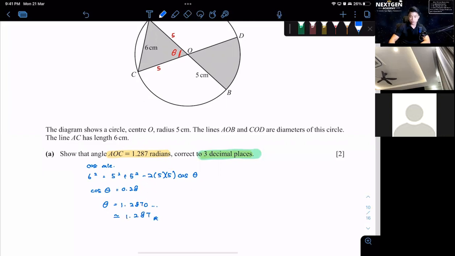I honestly don't know how strict they are in the exam, but recently I looked at the marking scheme and this is what they've been writing. So to play it safe, just write as how they instruct.